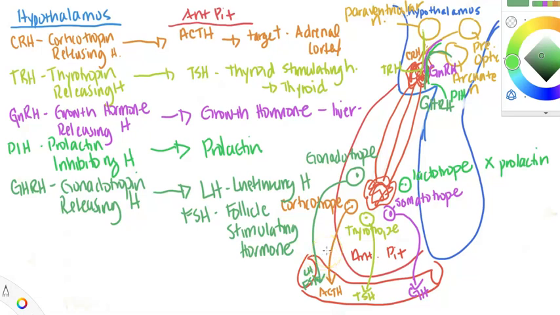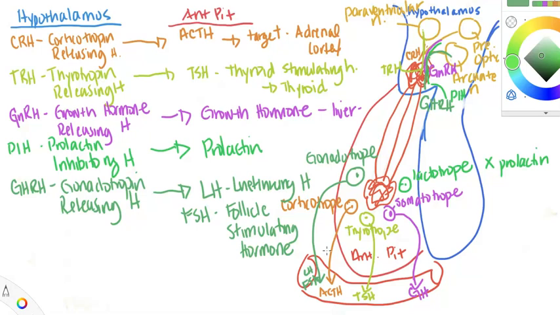So CRH, corticotropin releasing hormone, stimulates ACTH to be secreted. TRH, thyrotropin releasing hormone, stimulates TSH to be secreted. GnRH, growth hormone releasing hormone, stimulates growth hormone to be released.